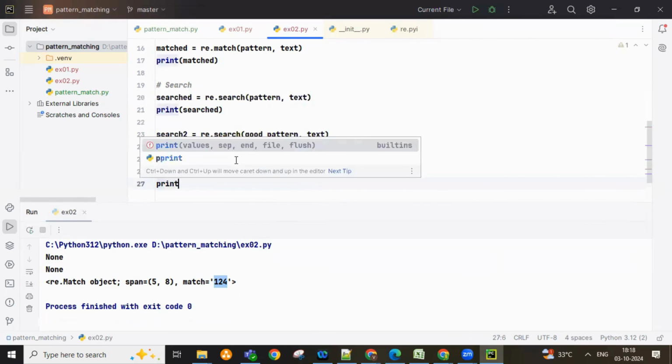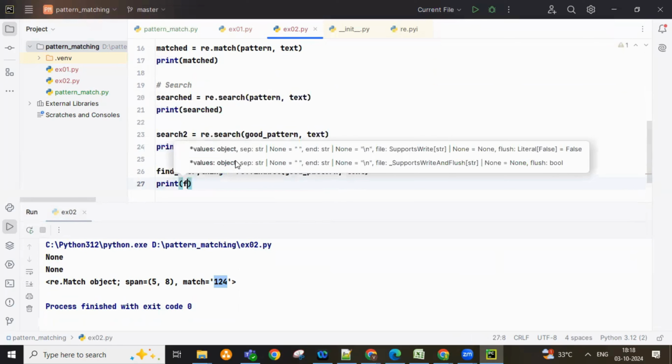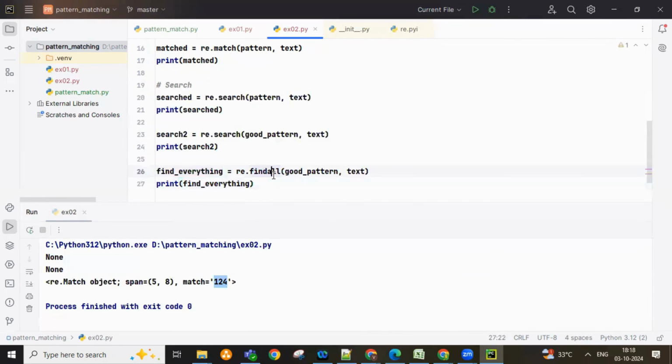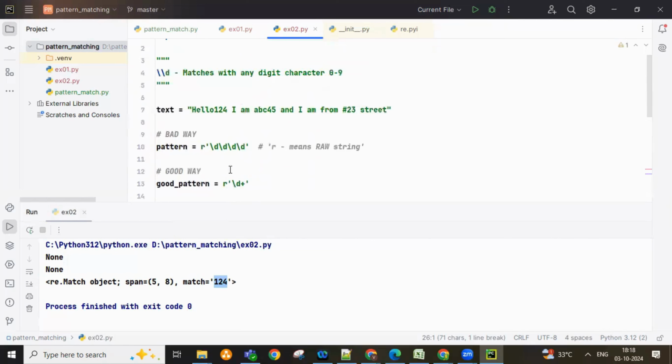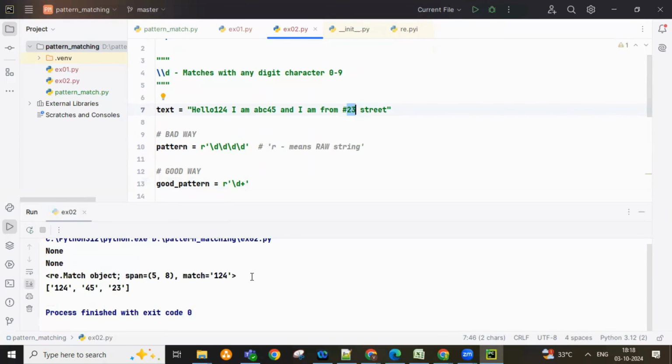This way, if you do this, print find everything, for example. So what would this get you? Who can tell me now? Volunteer? Molly? Perfect. Two, three as well, right? Perfect. Got it?